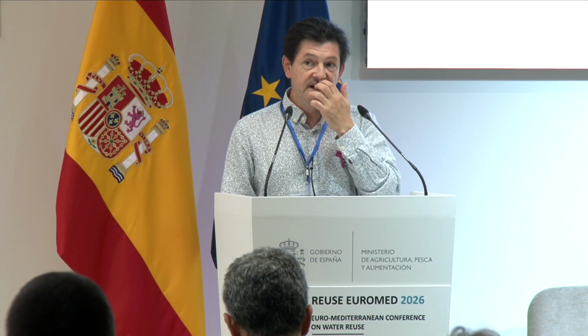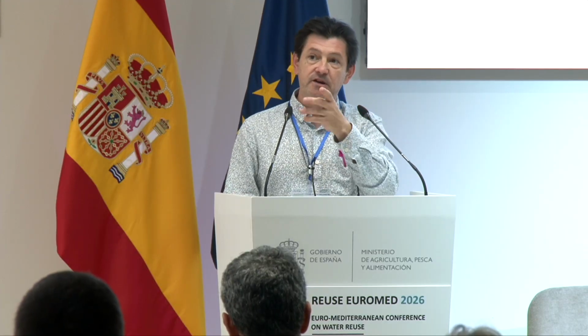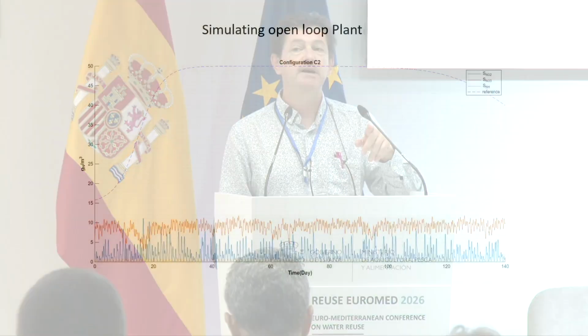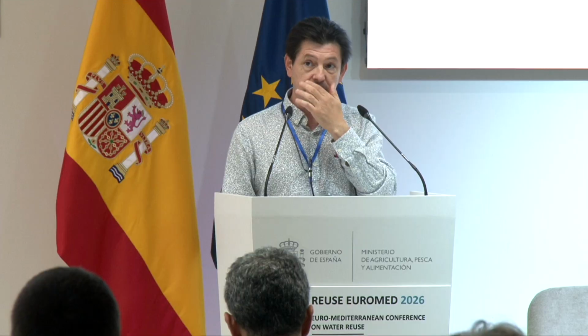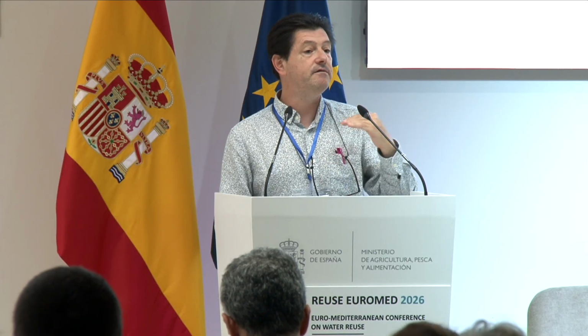Then we can show some simulation here. When we do not need water for irrigation, then we can just remove nitrogen and maintain the concentrations under a given level.